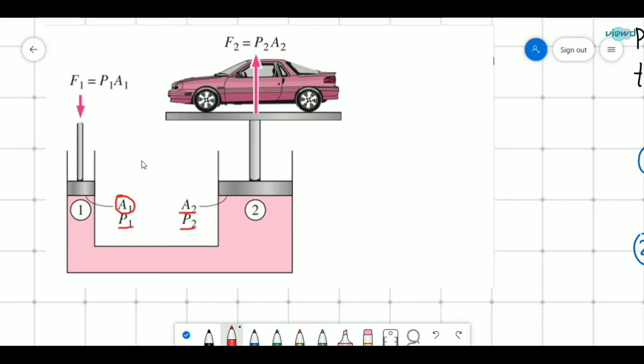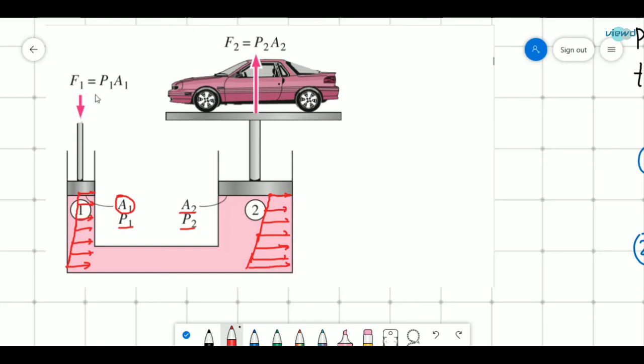We have seen that in Pascal's law, the applied pressure is added to each layer. So if the applied pressure is added here, the same amount of pressure is added in this way. Here also it was like this initially, and due to this application of pressure, the pressure distribution will be in this way.